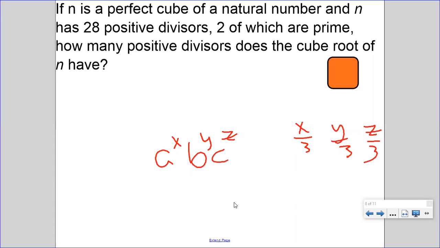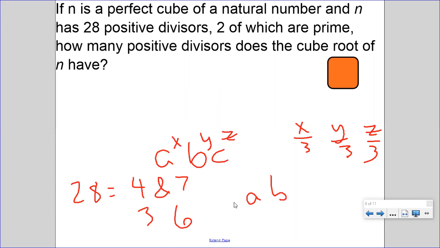Since 28 is broken up into 4 and 7, you could have the exponents 3 and 6. And it's saying 2 are prime, so you have 2 prime factors, a and b. So a and b are prime.